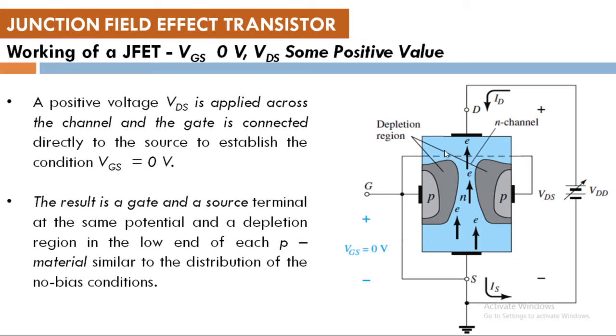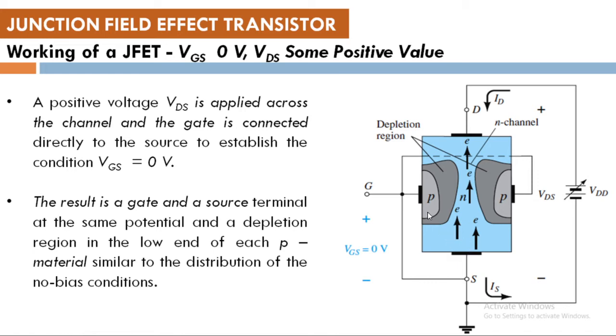Inside the N channel, the upper side N type is getting more positive with respect to P. The shaded region, the depletion region near the drain, now increases compared to the lower half, because in the lower half the P material is connected to ground as well as the source.